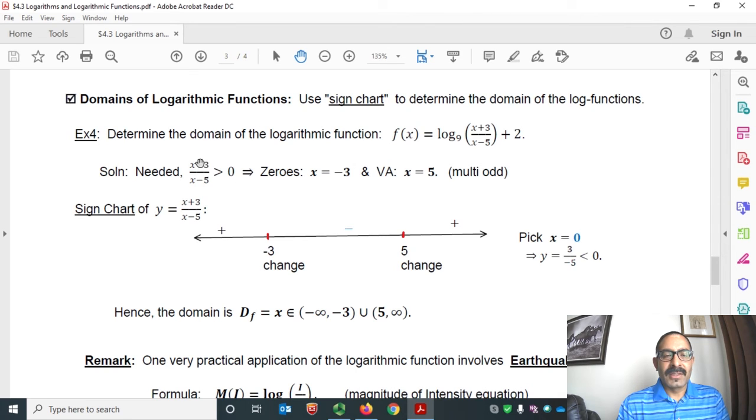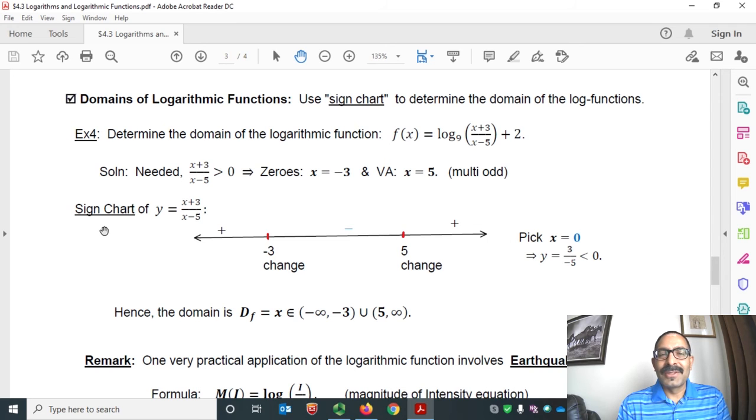So here x equals minus 3 is a zero of multiplicity 1, and the VA is at x equals 5 with multiplicity 1. We know if the multiplicity is an odd number, then the graph crosses the x-axis.